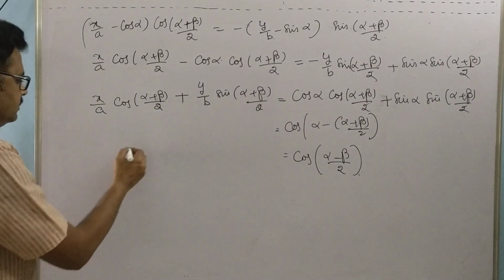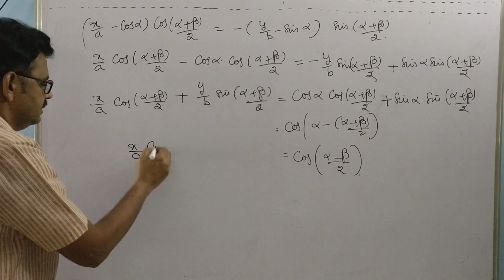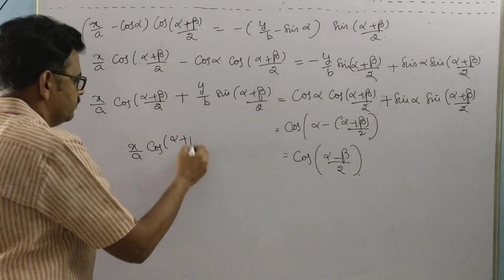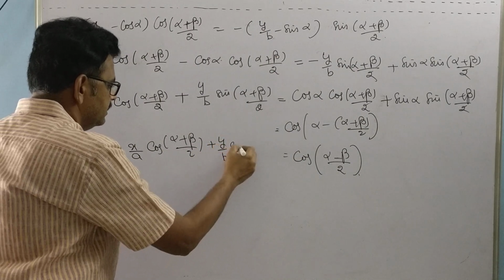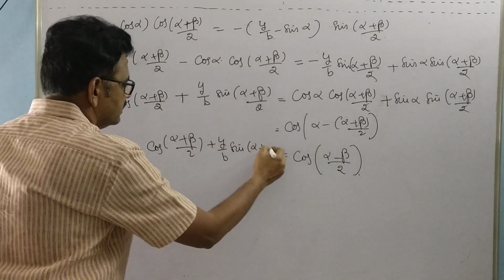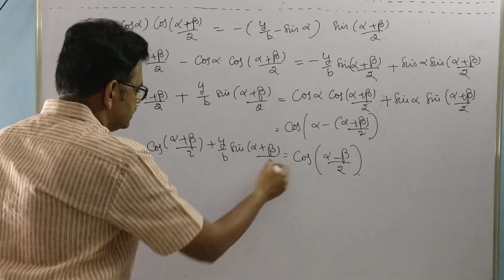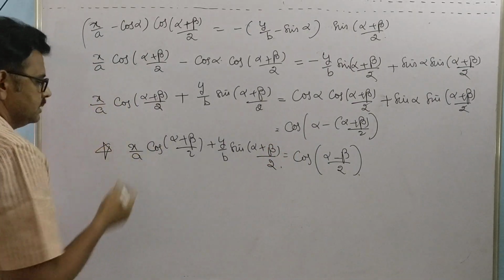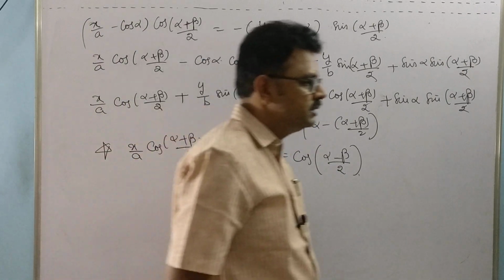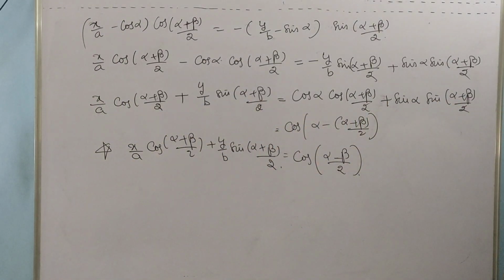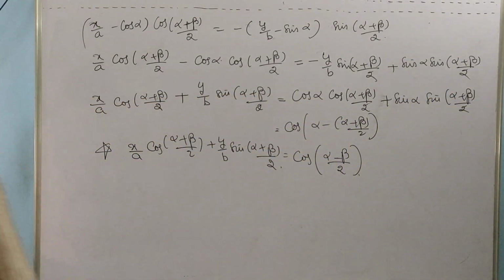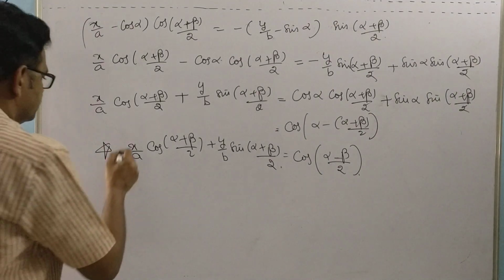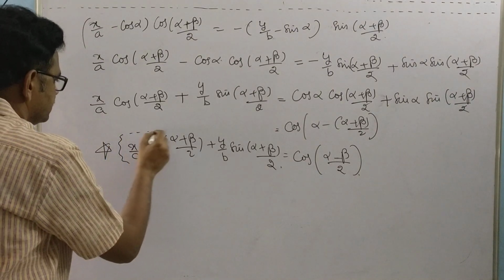So x by a cos of (alpha plus beta) by 2 plus y by b sin of (alpha plus beta) by 2 is equal to this. So this is the equation of the chord joining 2 points with eccentric angles alpha and beta. This is one important result.